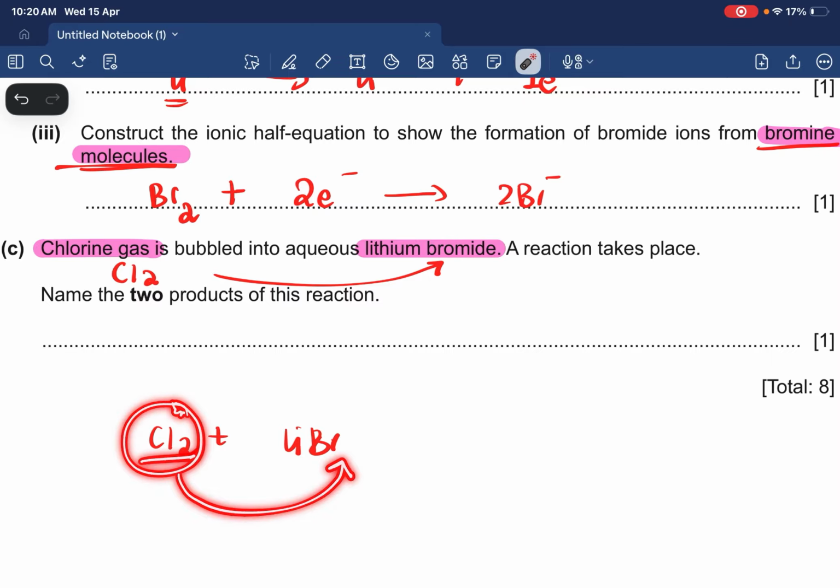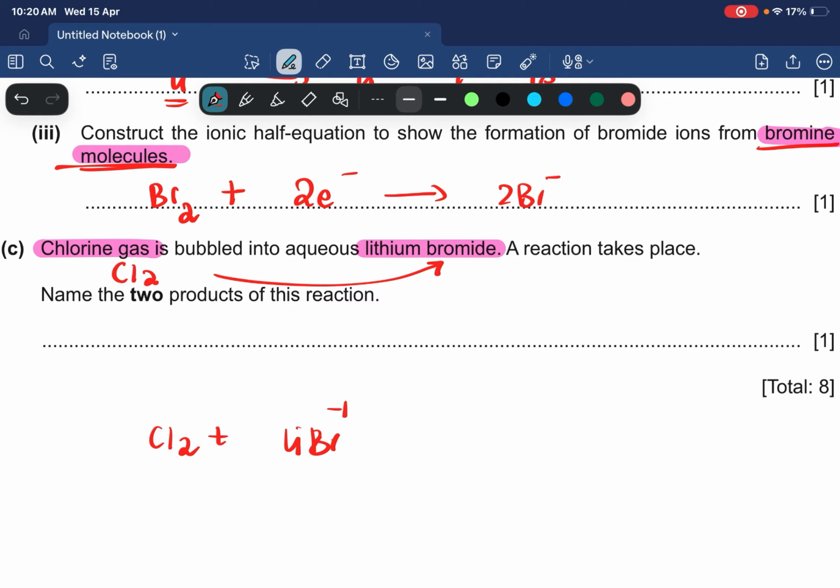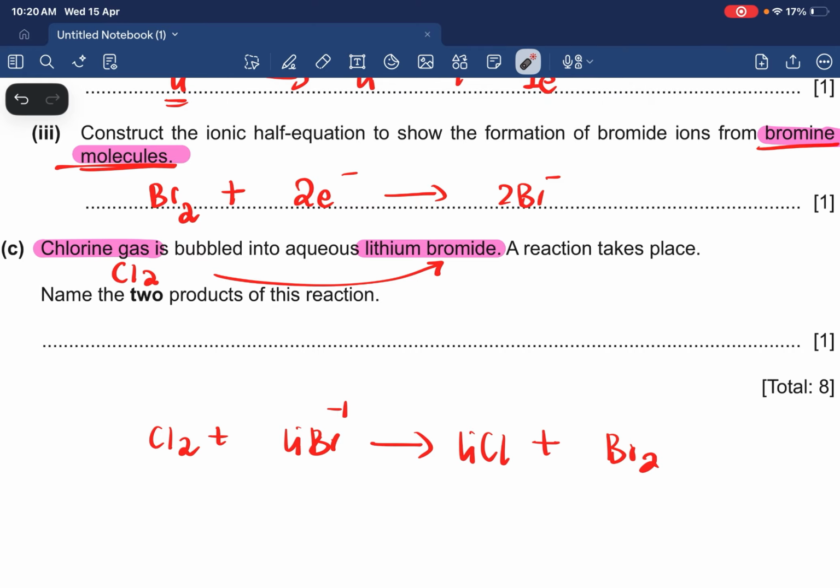So what's going to happen? Bromine over here is a negative one. You're going to form LiCl plus Br2. Chlorine is 0 over here and there's a negative 1 on bromine. Chlorine is going to take away this 1 electron and it's going to form Cl-, and bromine is going to go to 0.